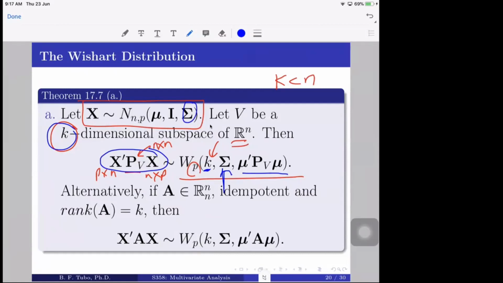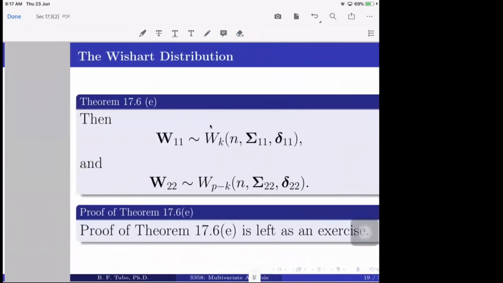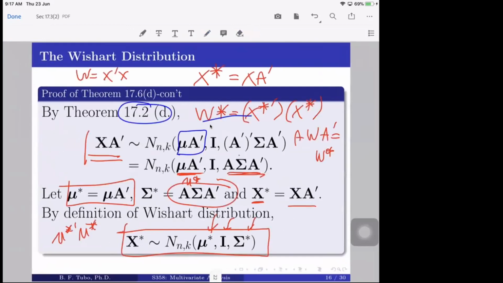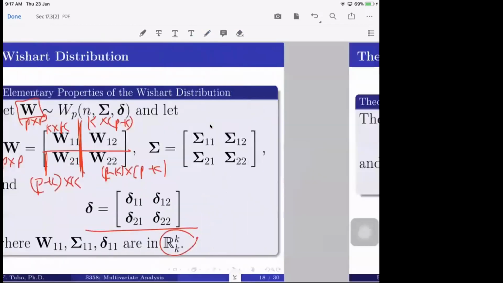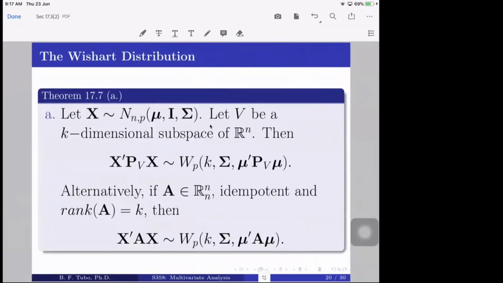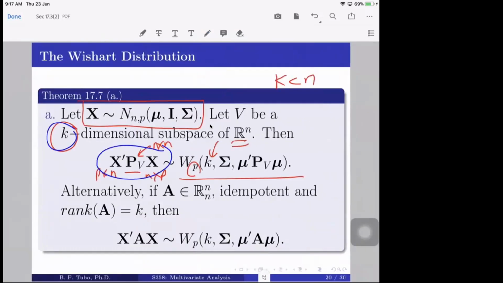So we think of x star such that x star prime x star gives x prime PV x, like our earlier matrix A X prime. So what will be our x star?